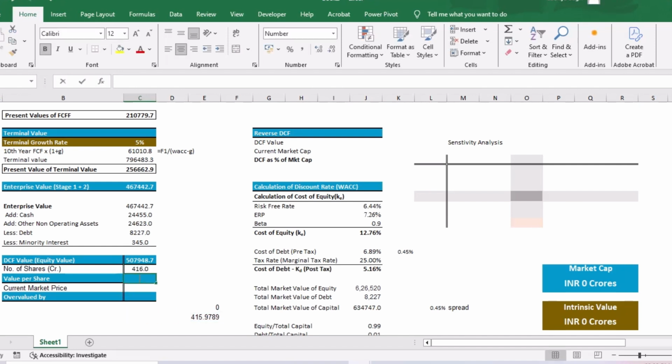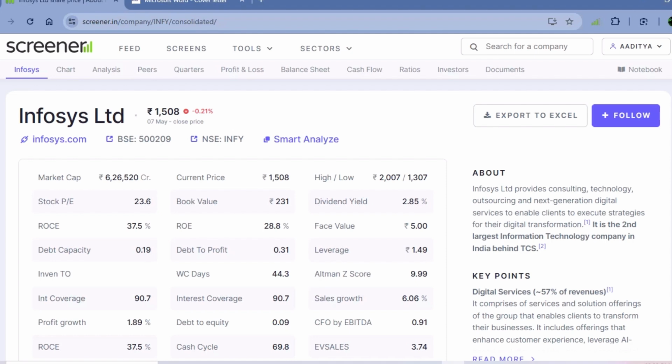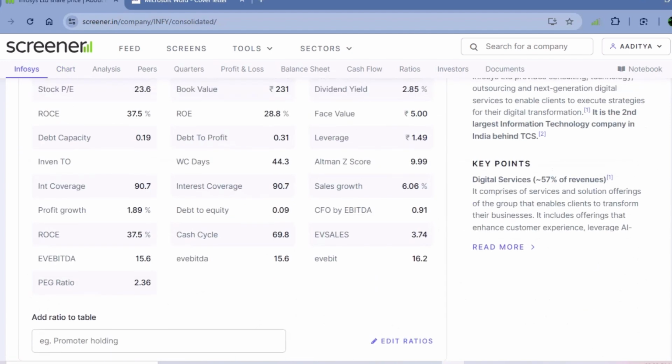Now to arrive at value per share, this is our value per share. What is the current market price? This is the current market price. The share has increased.